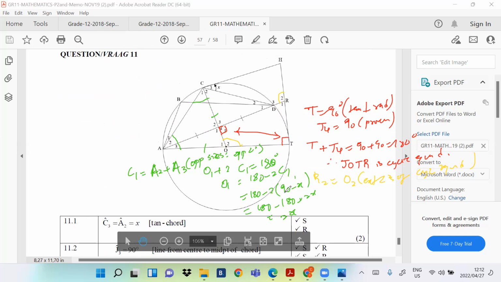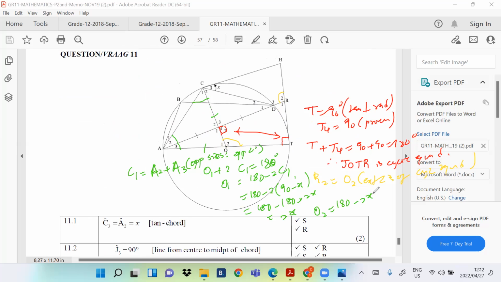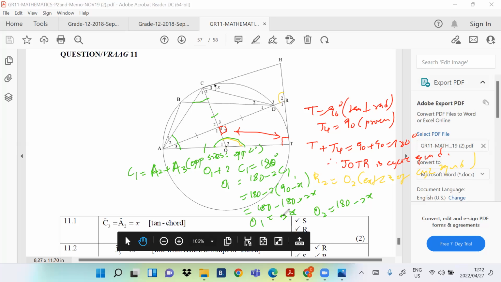If O1 is 2x, therefore what is O2? 180 minus 2x, because they're angles on a straight line, right? Because O1 is 2x. Therefore, what is R2?